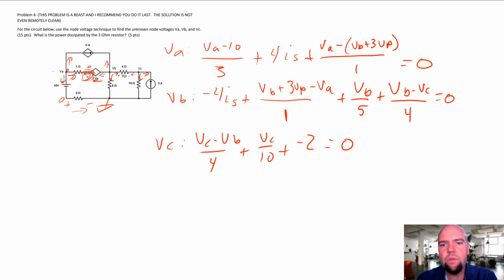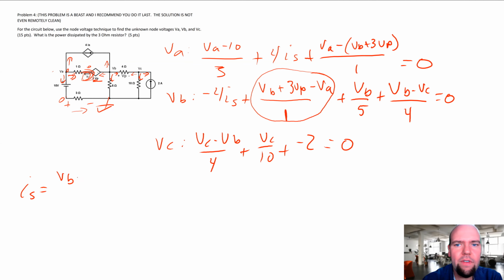So one thing to note, this was IS, that is IS. So IS equals VB plus 3 VP minus VA divided by 1. And now let's also put in this VP here.